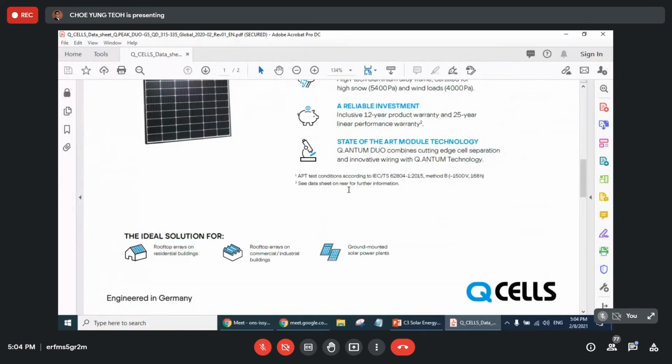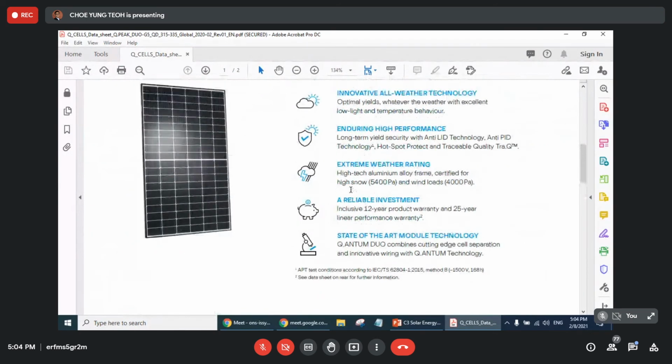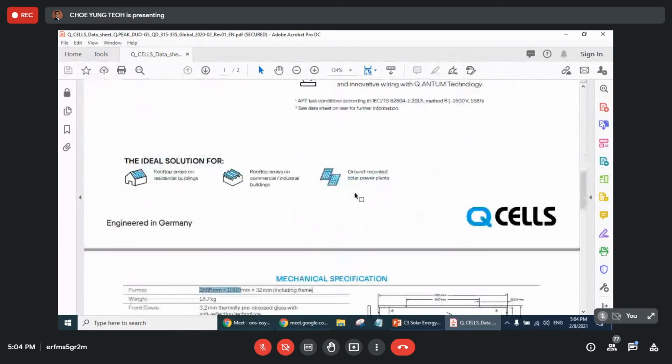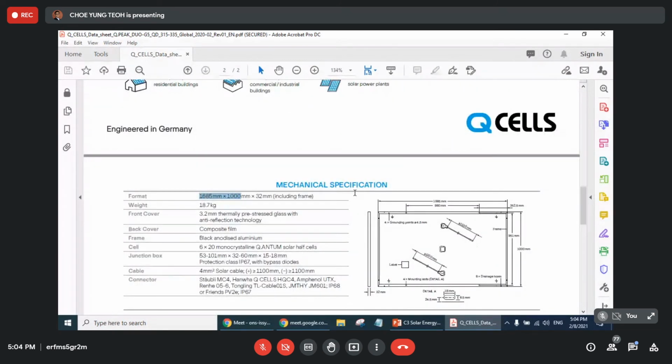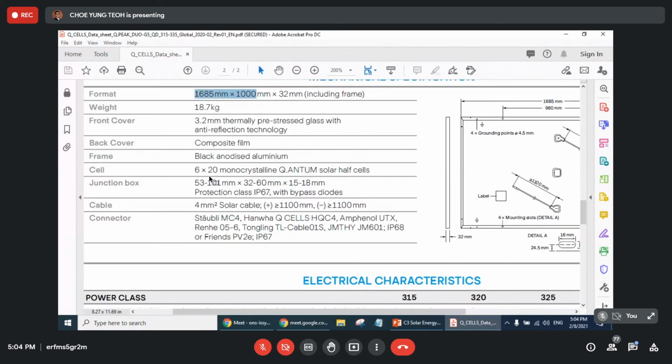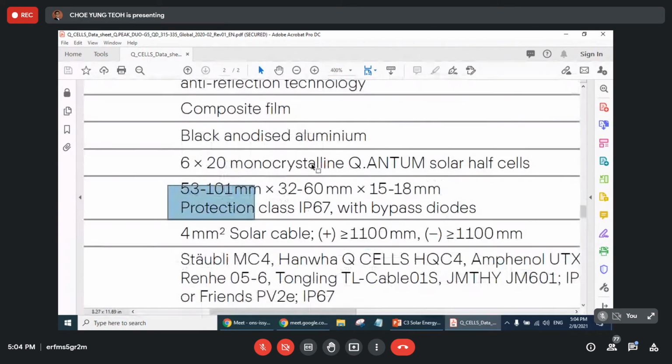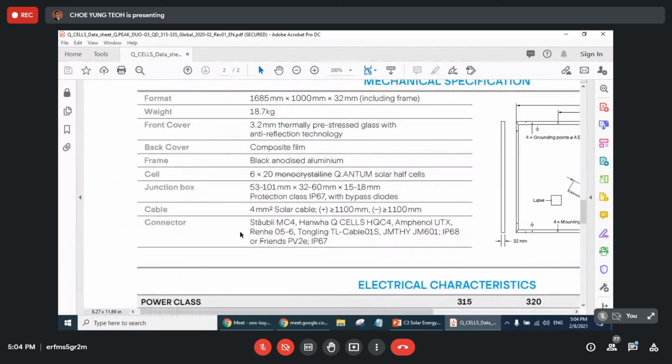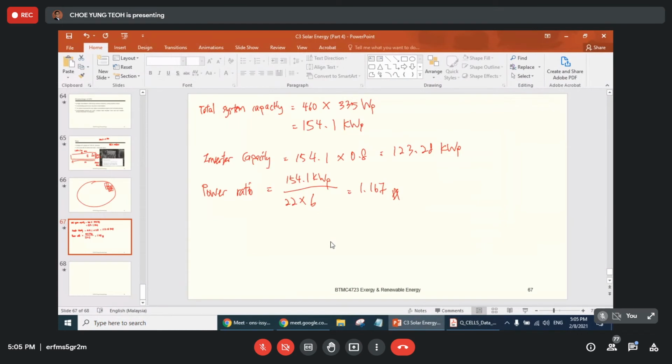Or you can check further, see if it's written anywhere. Yeah, you can see that the cell is monocrystalline. So this is monocrystalline, and the power ratio of 1.167 is acceptable.